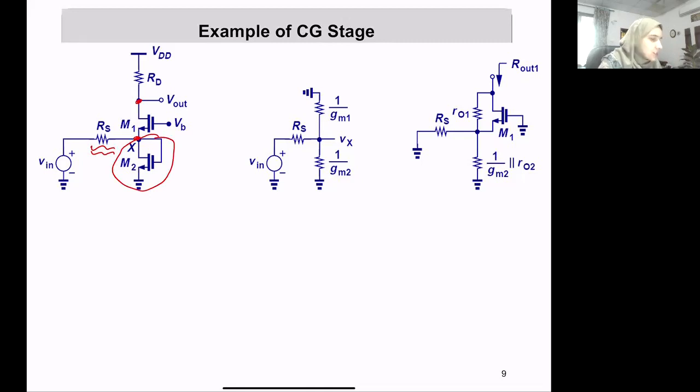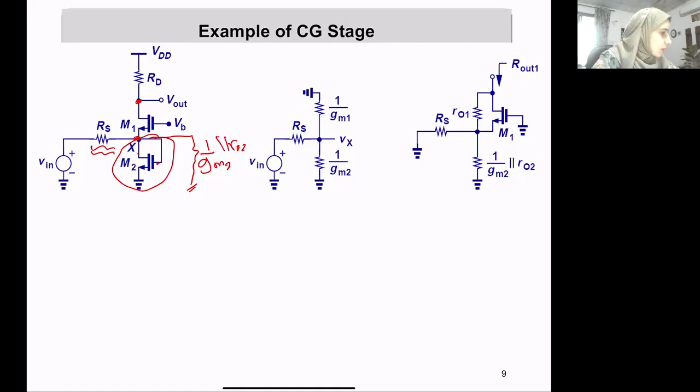It basically acts just like a resistor, because the gate and the drain of this transistor are shorted together, so it's diode connected. So it's similar to having a resistor here with the value of the impedance seen for this transistor M2, which is 1 over gm2, in parallel with R out 2. You can consider this R out 2 or not, both are fine.